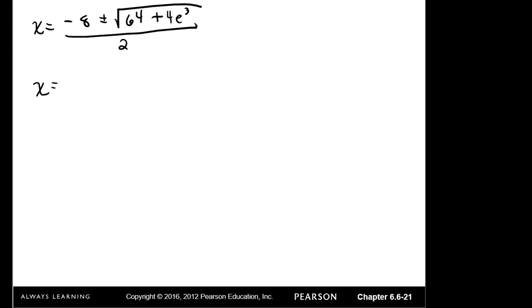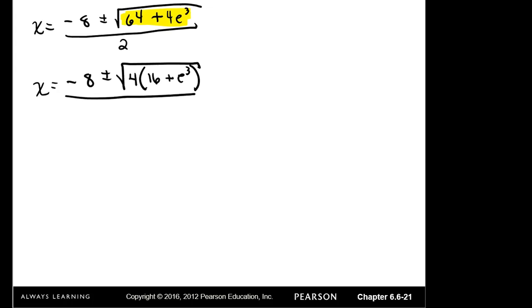Now, I can't add 64 plus 4e to the third. These are not like terms. But underneath the radical, I can factor out a 4, which is a perfect square. 64 divided by 4 is 16, and 4e cubed divided by 4 is e cubed, still all over 2.